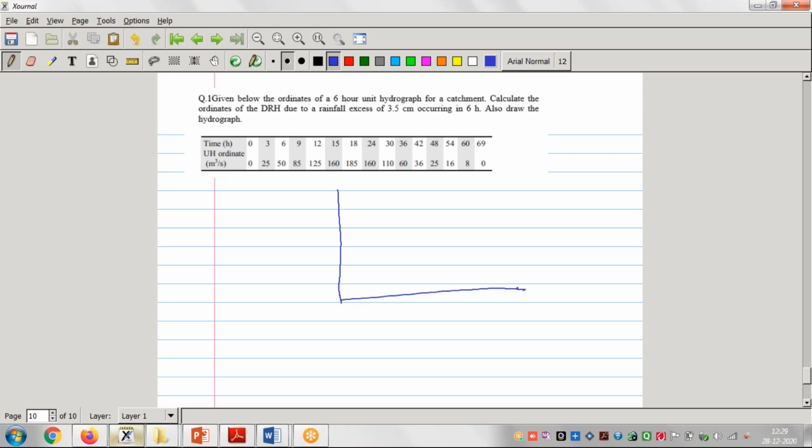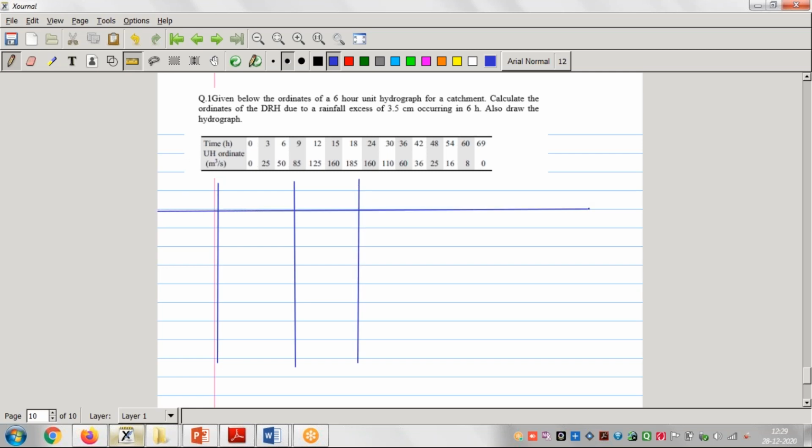So simply what you will do, you will make a table like this. First you will write the time here, then you will write the ordinates, the unit hydrograph ordinates.